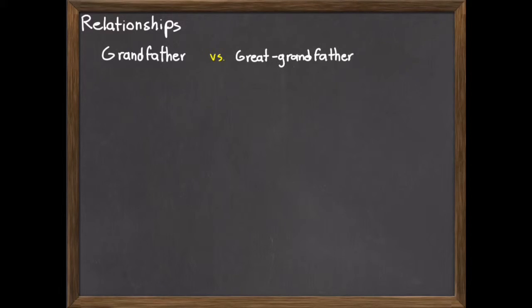Your grandfather is your father's father, while your great-grandfather would be your grandfather's father. You could also add another great before great-grandfather to talk about your great-grandfather's father, and so on and so forth.